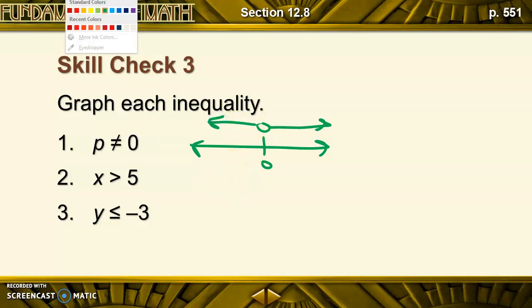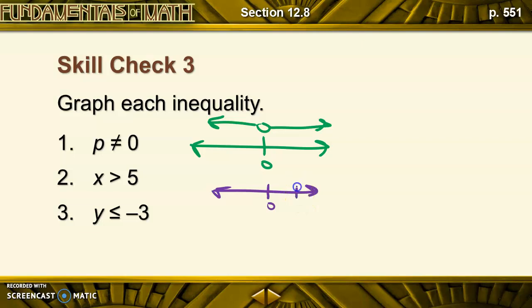Alright, let's do a different color. Number line, 0 in the middle, positive 5, open circle pointing to the right because the arrowhead points to the right. Let's do one last one.